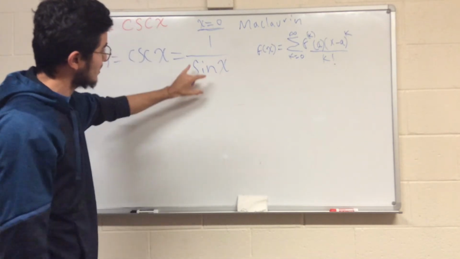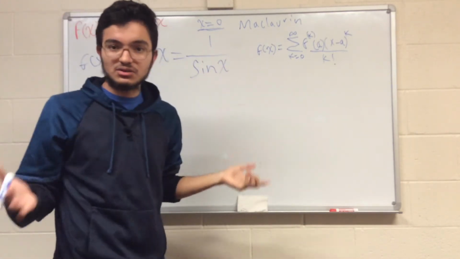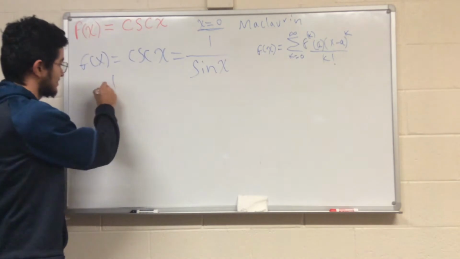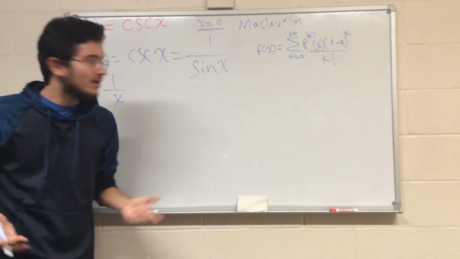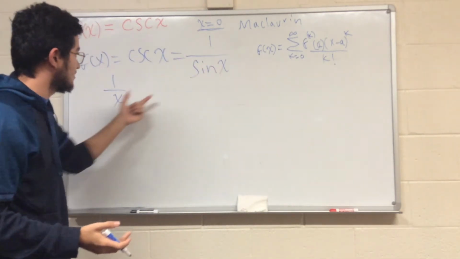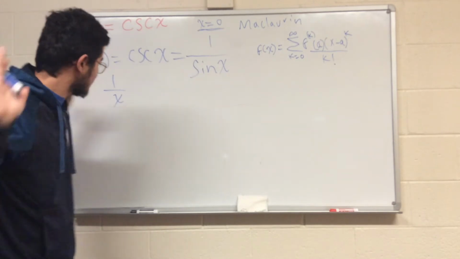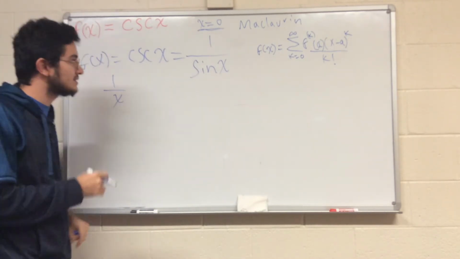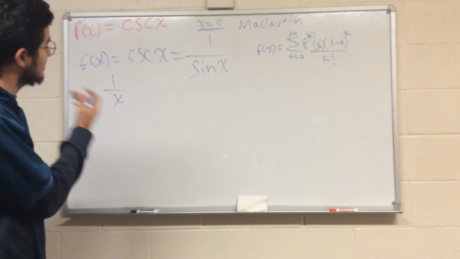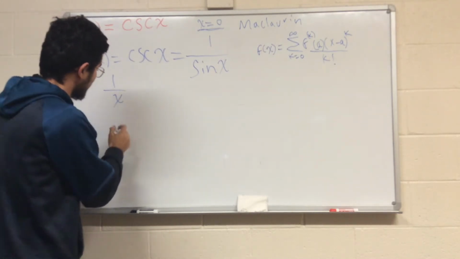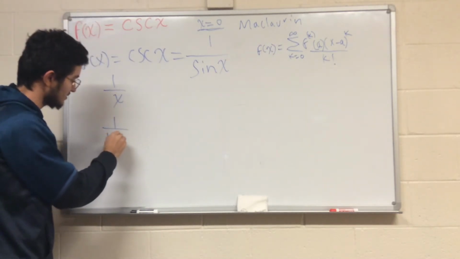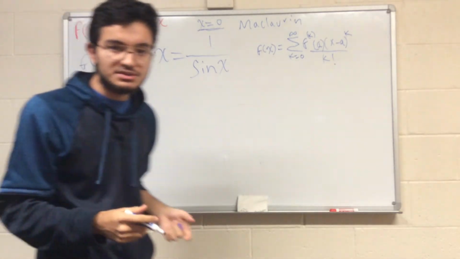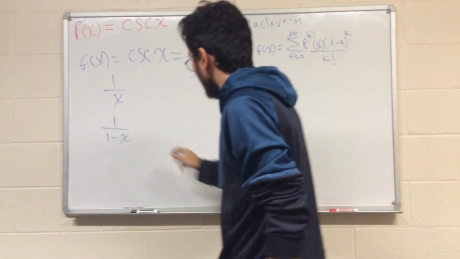This looks like something we could compare to 1 over x. This is pretty similar, it's 1 over something. It is very similar to 1 over 1 minus x, which is just a convergent power series.